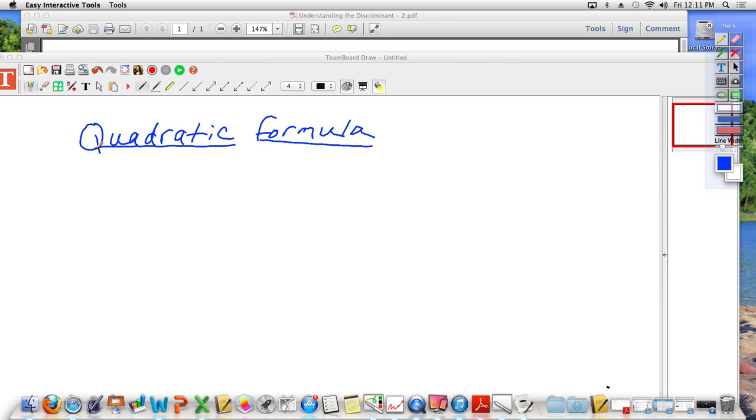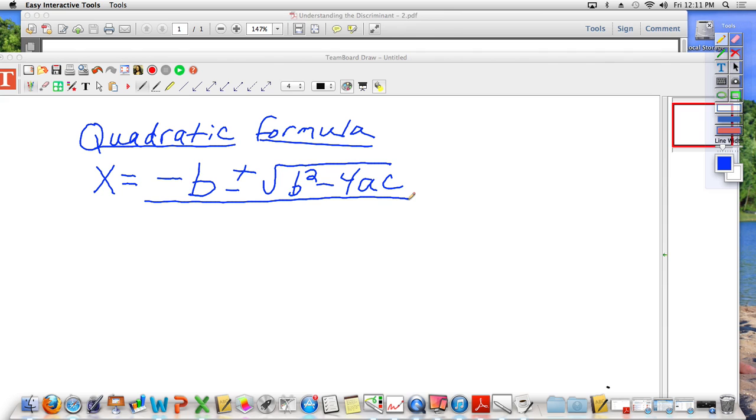And we obviously need to get the quadratic formula written down in our notes. So x is equal to negative b, opposite of b, plus or minus the square root of b squared minus 4 times a times c. All of this needs to be divided by 2 times a.